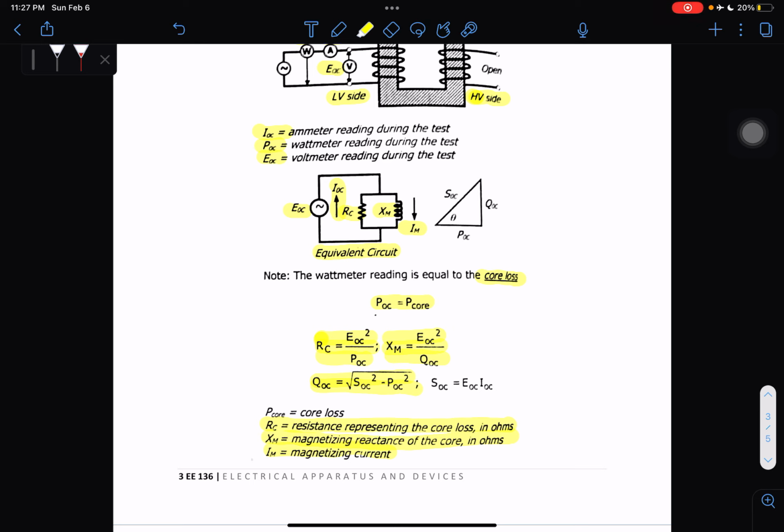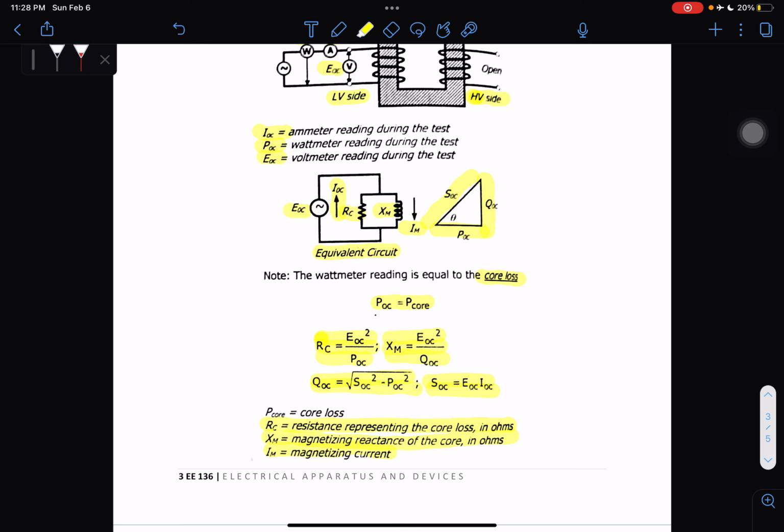So makita na to sa atong power triangle sa inyong circuit 2. So kabalo na ta ani ang POC is our real, our Q is the reactive, and our S is the apparent power.